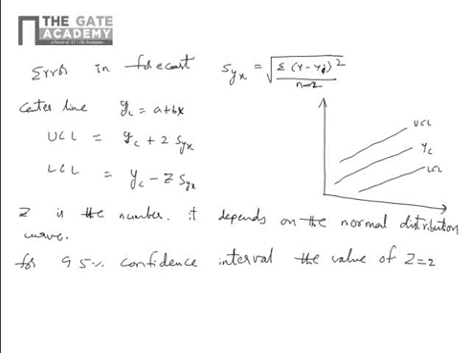So the Z value varies as the confidence interval level varies. Generally we take 95% confidence interval. So total variance in forecast equals expected variance plus unexpected variance.